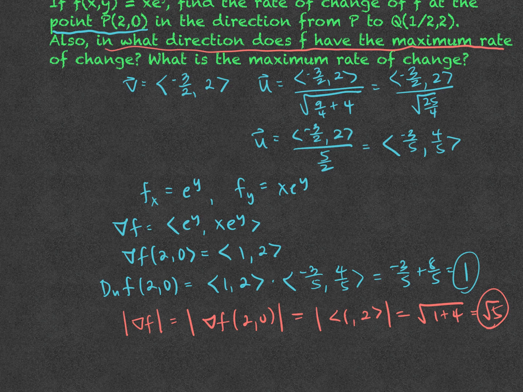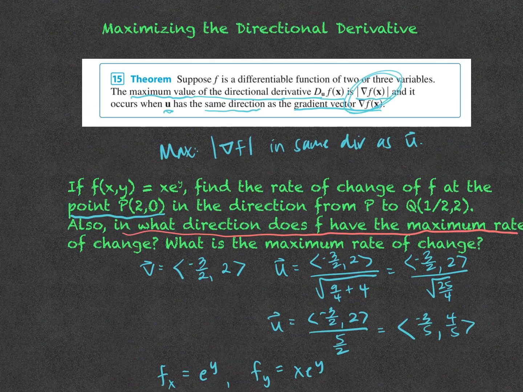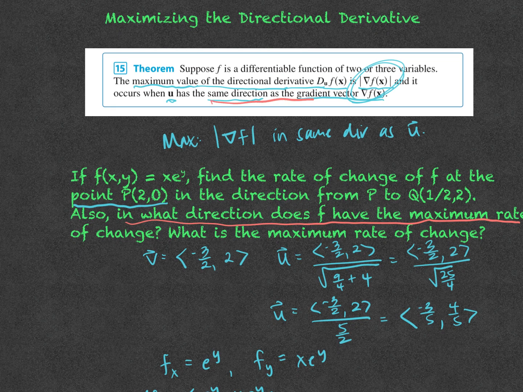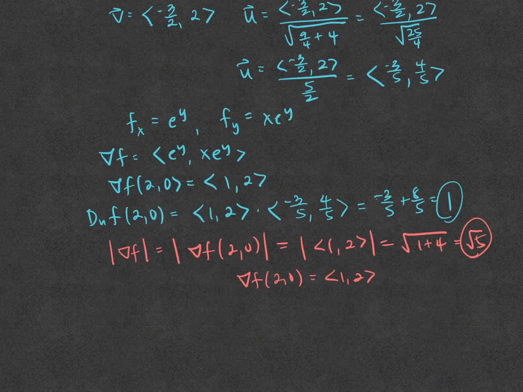Going back to the theorem, the maximum directional derivative is the length of the gradient, and it occurs in the same direction as the gradient vector. So what we found is our rate of change is 1, our maximum rate of change is the square root of 5, and it occurs in this direction.